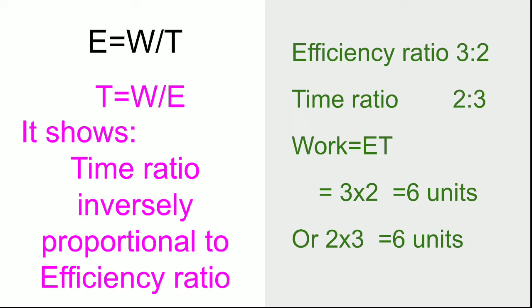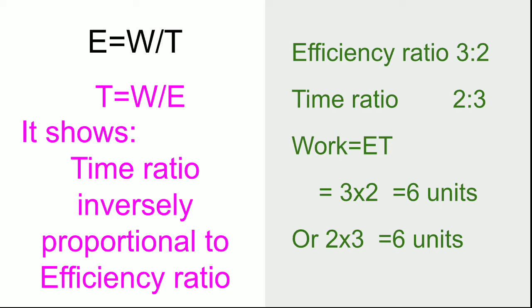Efficiency is work divided by time, and time is work divided by efficiency. It shows time ratio is inversely proportional to efficiency ratio. Efficiency ratio, as we have seen earlier, is 3:2, so time ratio is 2:3.